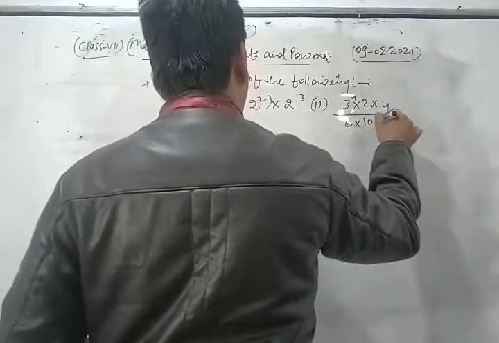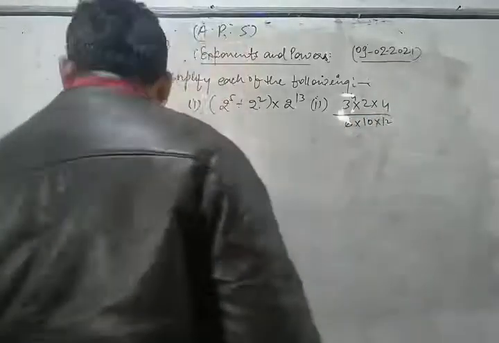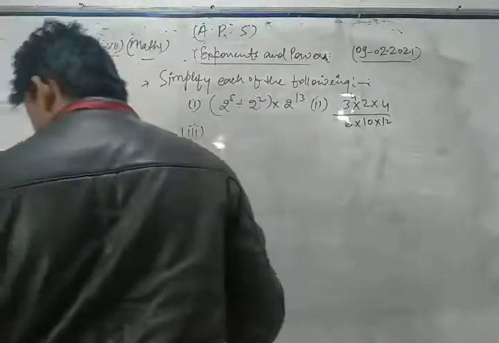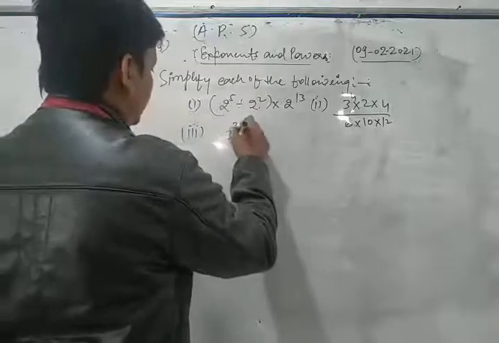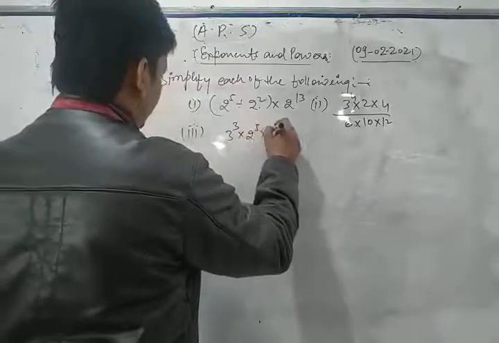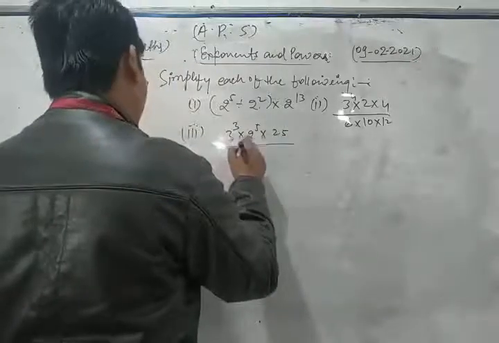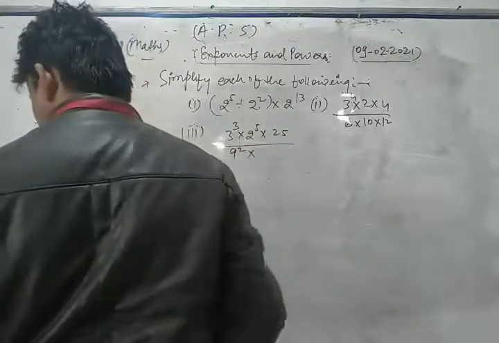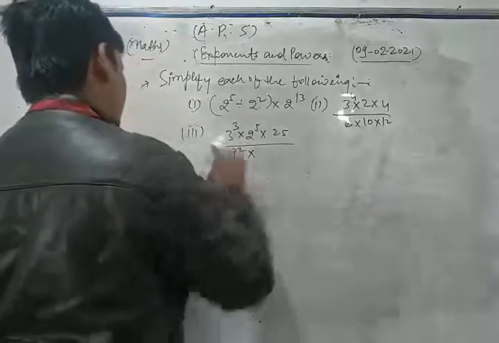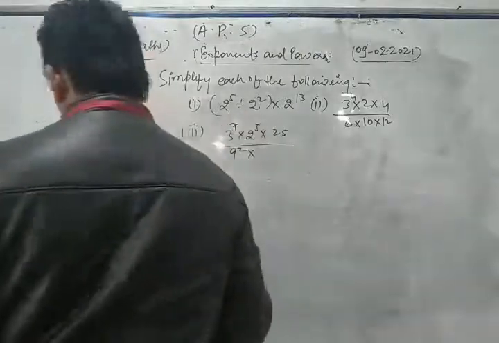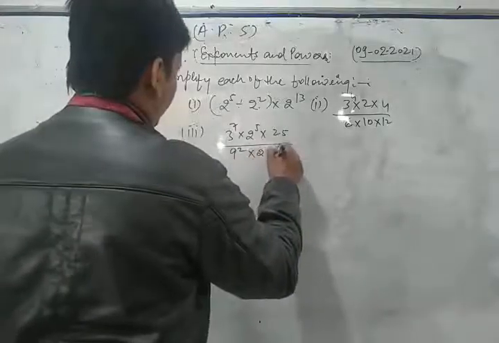Now the third part of this question, dear students, is 3 power 3 into 2 power 5 into 25 upon 9 power 2 into 3 power 7 into 2 power 9 into 25 into 10.